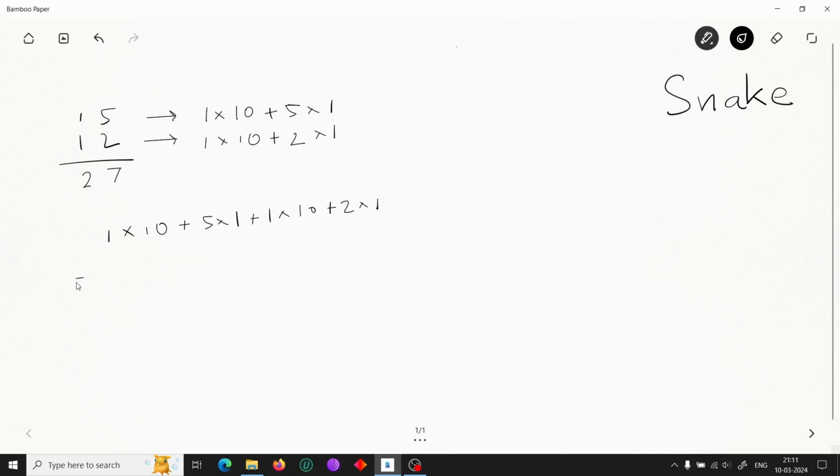Now let's take the tens common. We get 1 plus 1 times 10, and then we take the ones common, which gives us 5 plus 2 times 1. So the result we get is 2 times 10 plus 7 times 1, which is basically 27. That's what happens under the hood of the addition process.